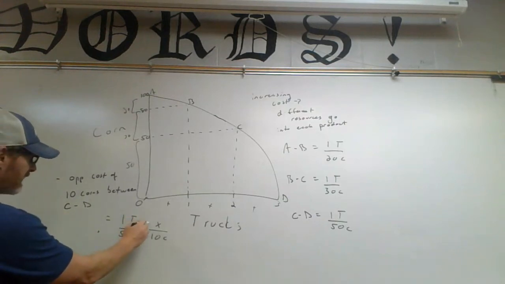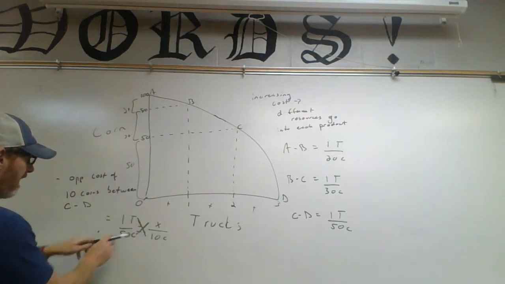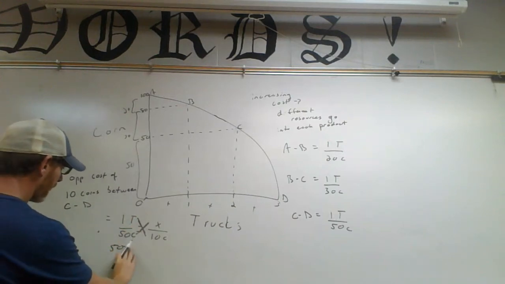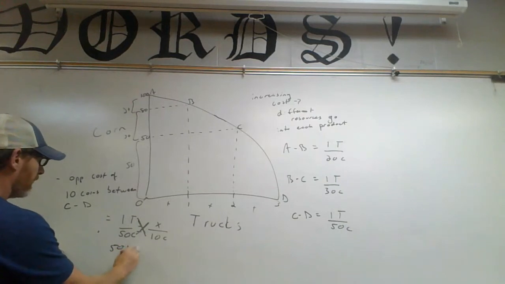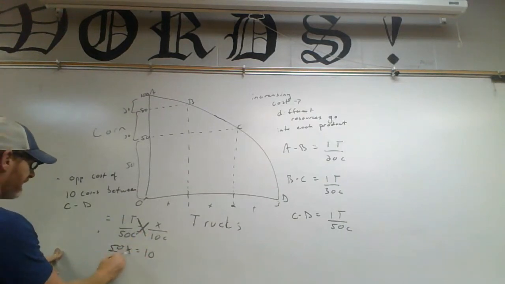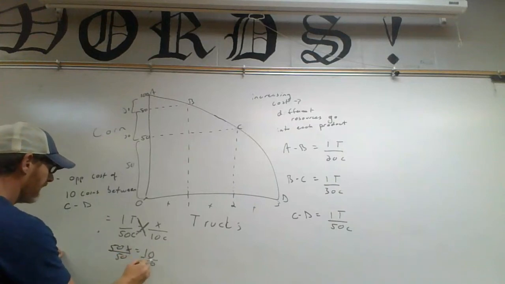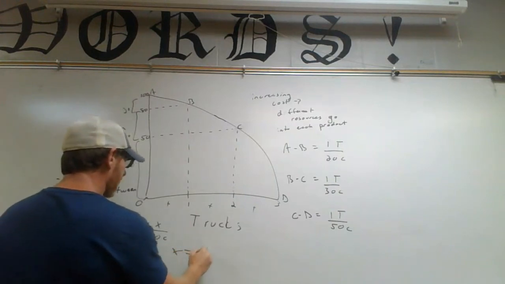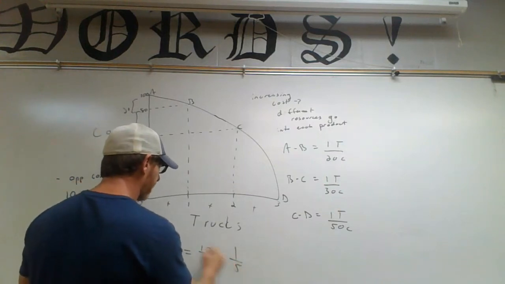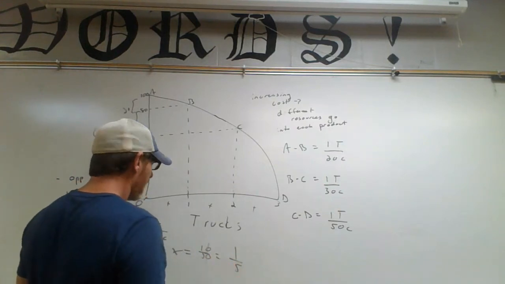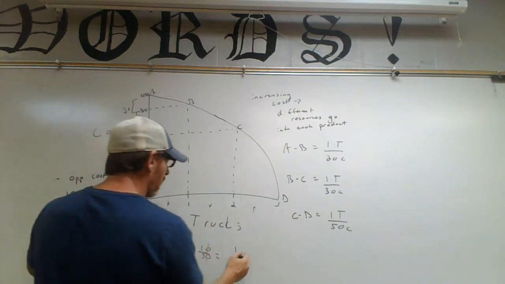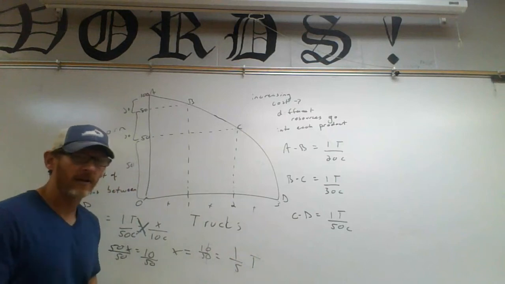And so this x means we cross multiply and divide. 50 times x would be 50x. 1 times 10 would be 10. Okay, so you divide both sides by 50, and x equals 10 over 50, which simplifies to 1 over 5, or 0.2. So the opportunity cost of making 10 corns would be 1/5 of a truck.